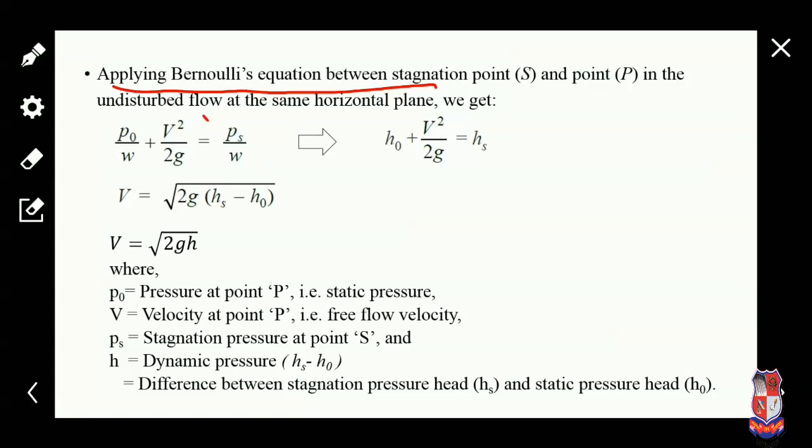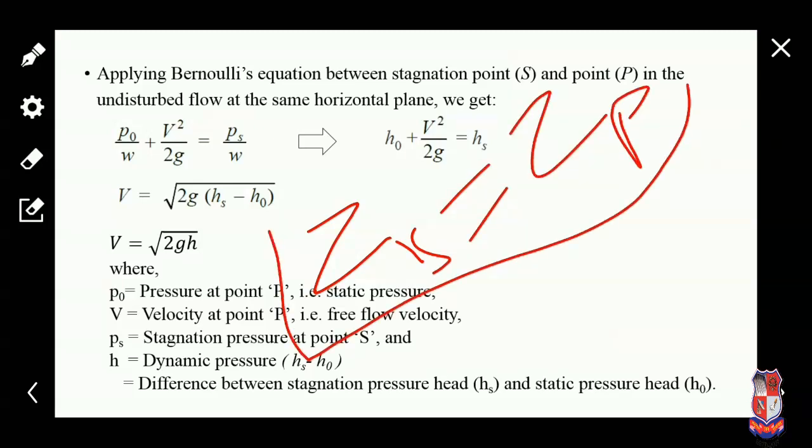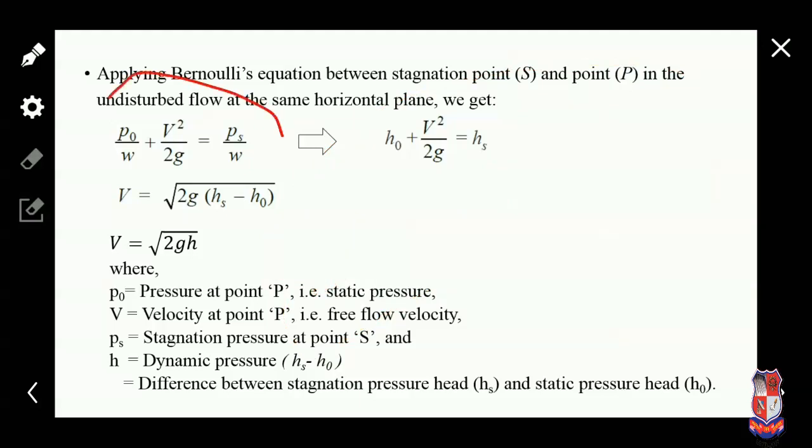We know that three energies are considered in Bernoulli's equation: pressure energy, kinetic energy, and potential energy Z. Here the pipe is horizontal, so the potential energy at section 1, the stagnation point, or point P is equal. So ZS is equal to ZP, and it cancels in this equation.